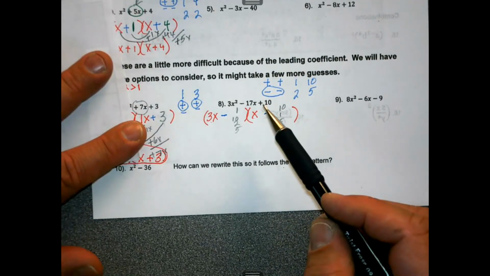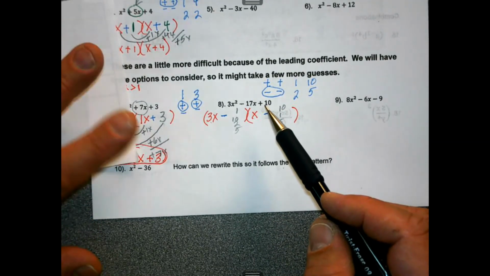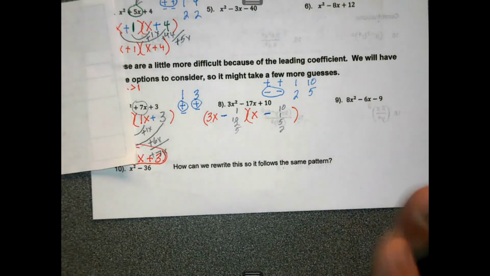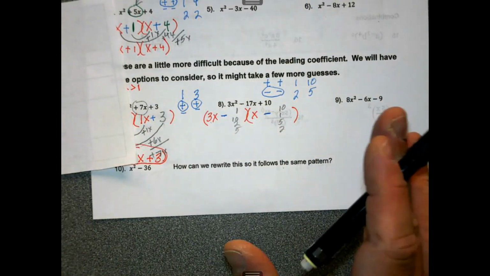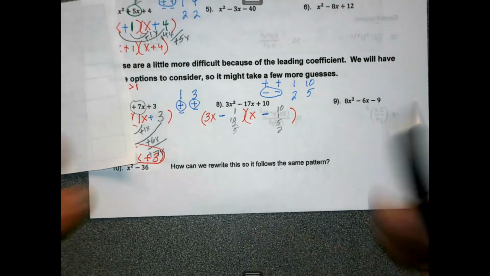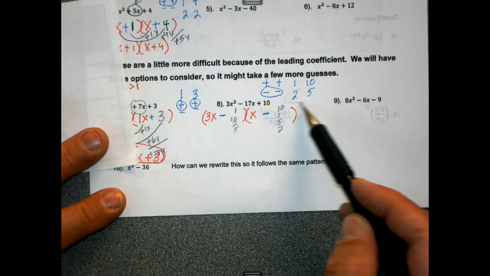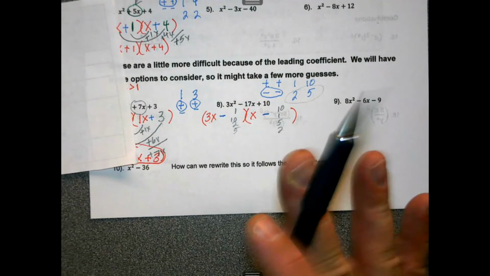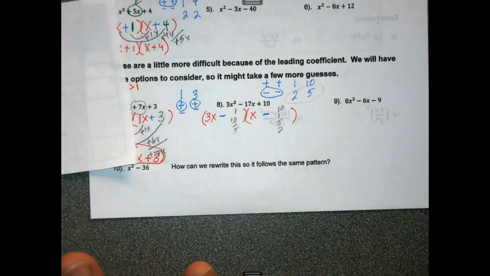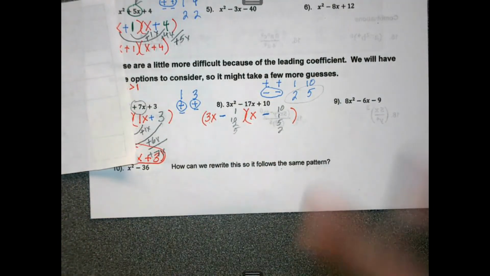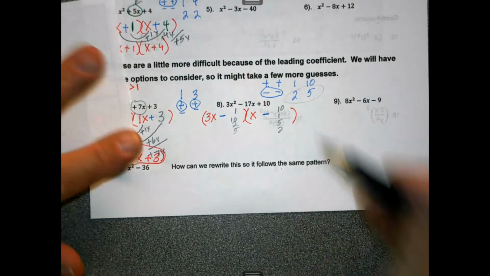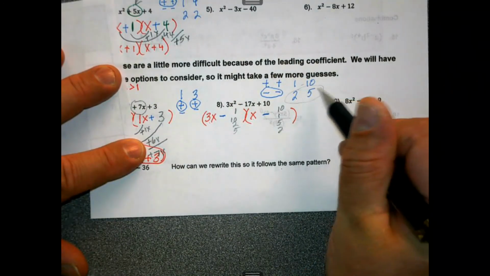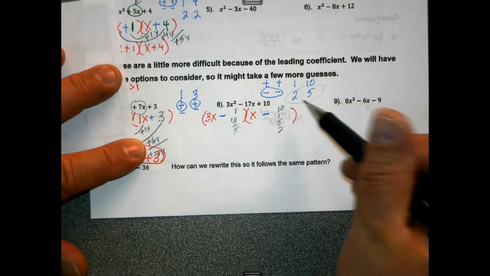Now, most of the problems, I'm not going to say all, but most of the problems that you're going to run into are going to be like the middle factors. Not that they can't be the 1 times 10, but I'm going to start out with a 2 times 5.